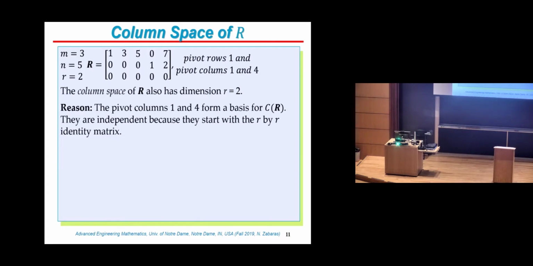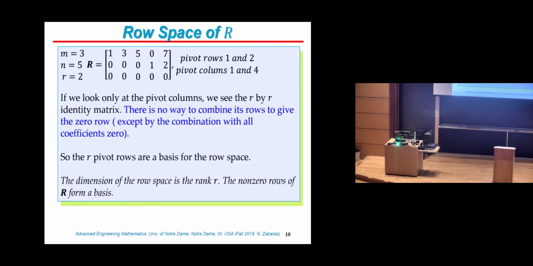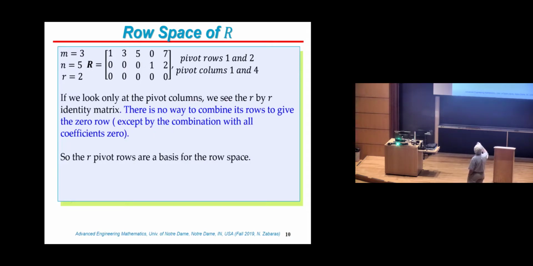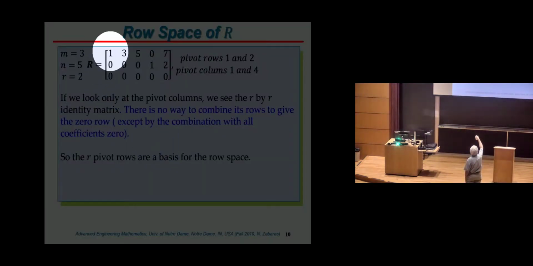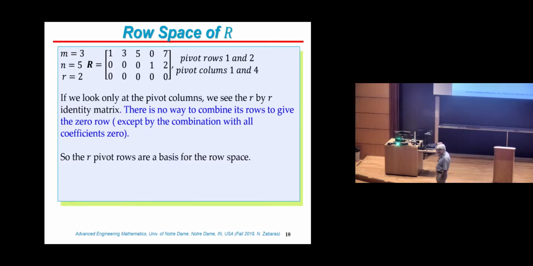Since I see there is nothing else on the row space of R, if I ask you to find a basis, these two vectors that you see here, the two rows, form the basis. So this is basically the row space of R.